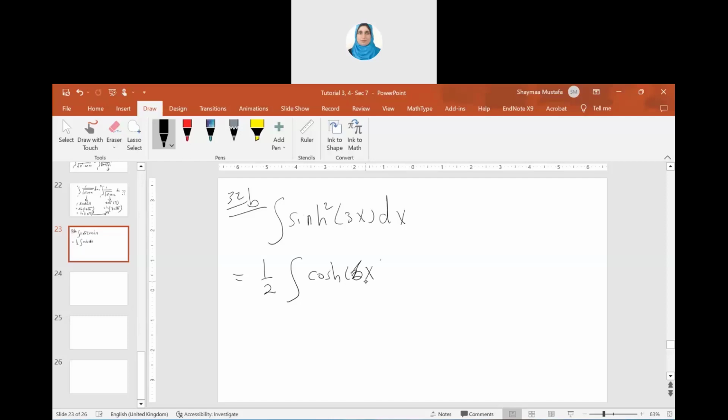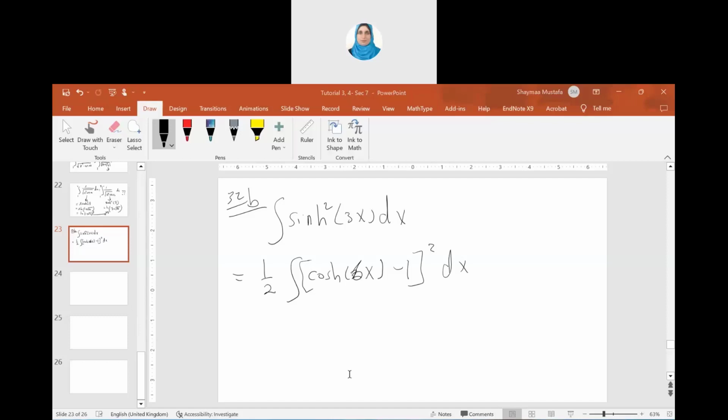We need to check the identity first. I think without a square, but we have to check the identity first.